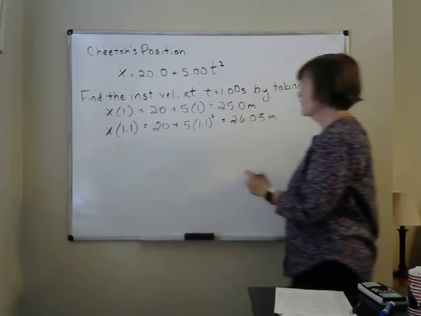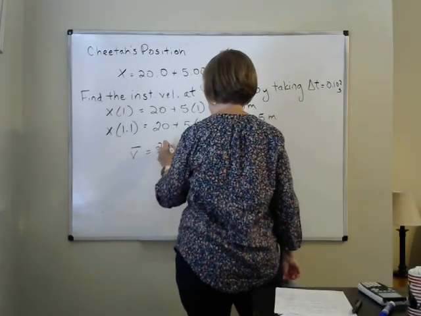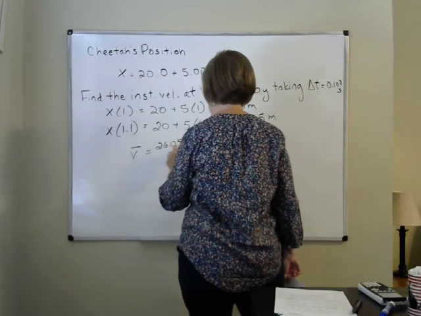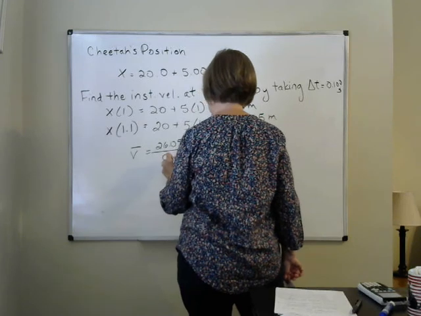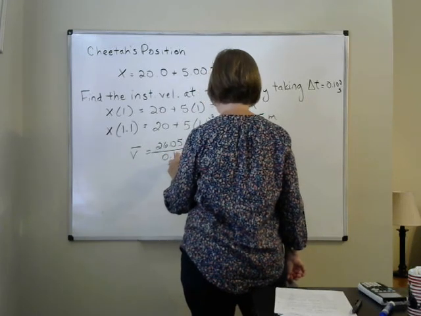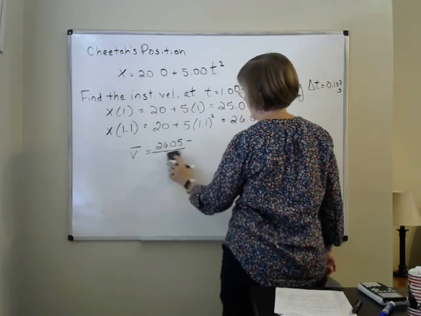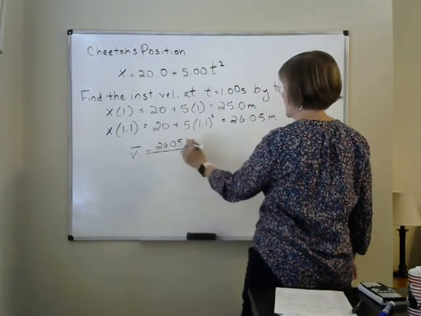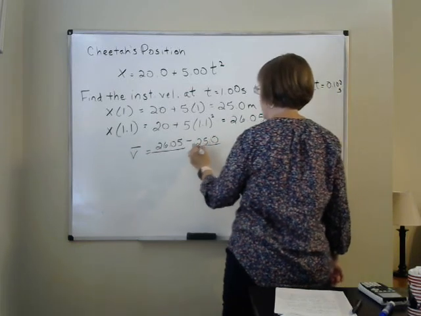So my average velocity: my final position was 26.05, my original was 25.0.